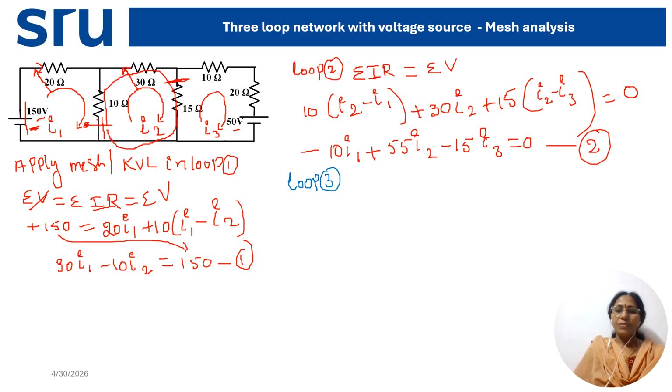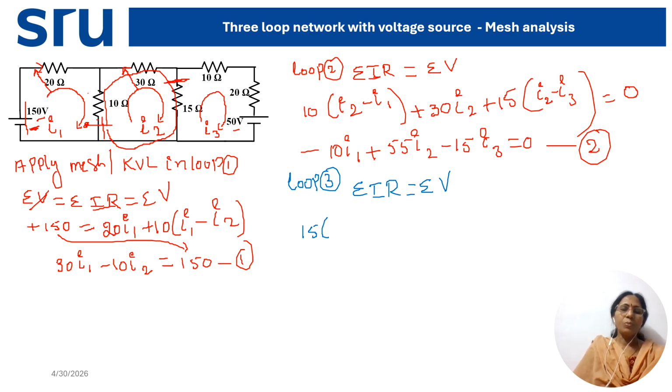Now here onwards we will follow this IR drop equals to V. I will explain why I am taking this. Sigma IR equals to sigma V. Now look at this. So number of resistors in loop 3: 1, 2, 3. The first element is 15. So what is the drop? IR. Resistance is 15. What is I? Current. Now what should I write?